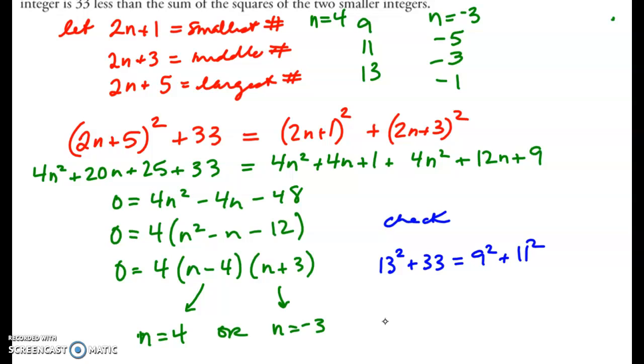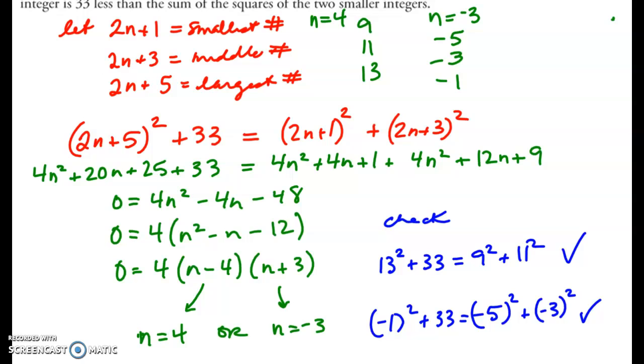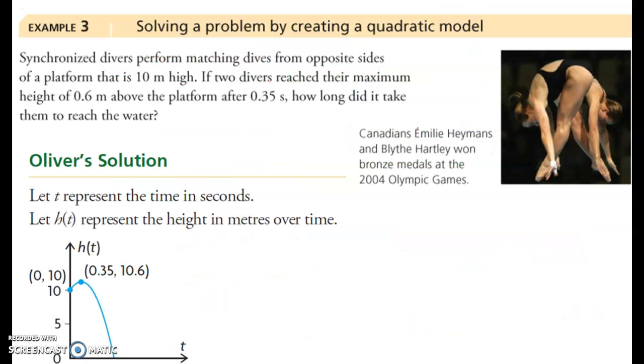The largest number squared plus 33 is supposed to equal the smaller two numbers squared. Okay, pause it and check those out, and both of those work. So our answers are these two possibilities for those numbers. Okay, flipping the page.